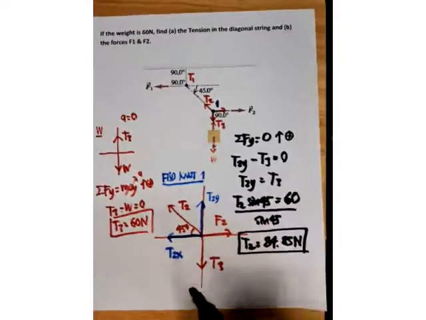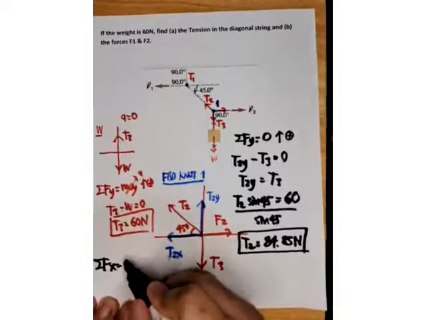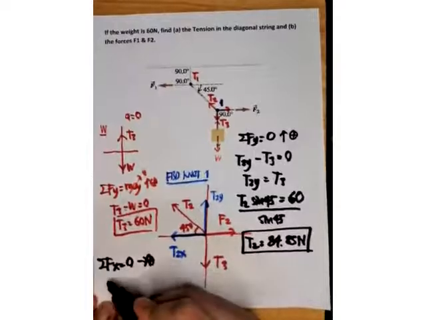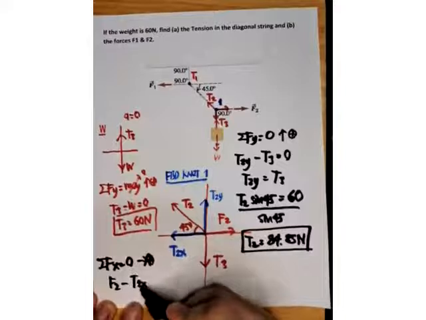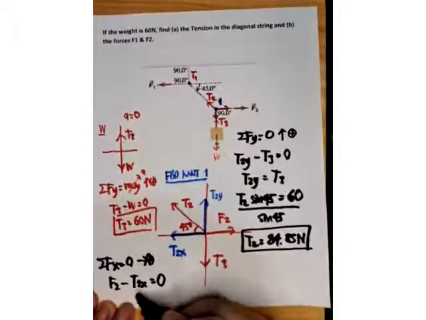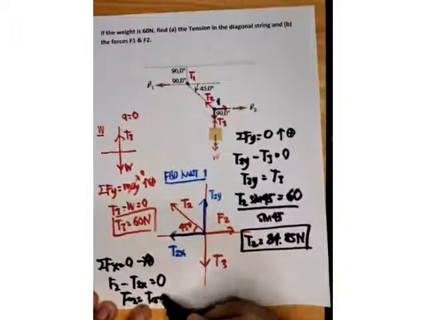Okay, so let me go to the summation of forces along X is equal to 0 as well. Pakanan ay positive. So we'll have F2 minus T2x. So that's equal to 0. So F2 is equal to T2x.